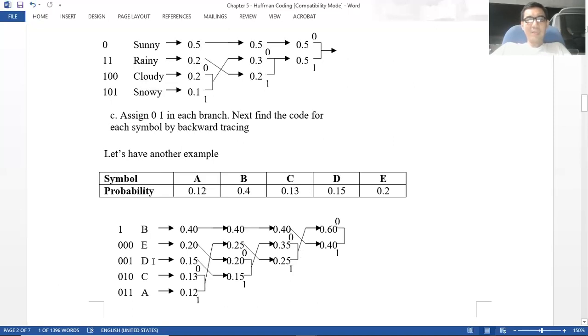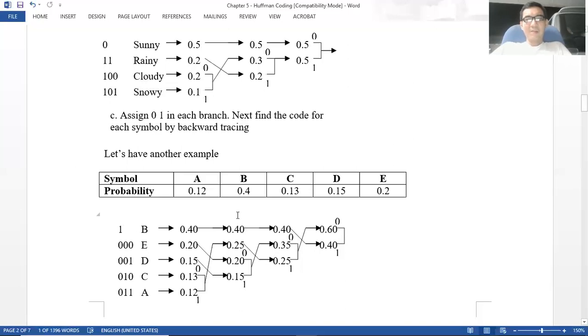Same goes with D, 1, 0, 0. All right, 1, 0, 0. And then here, first branch 0, second branch 0, third branch 0. And last but not least, B, you travel all the way to here, 1.